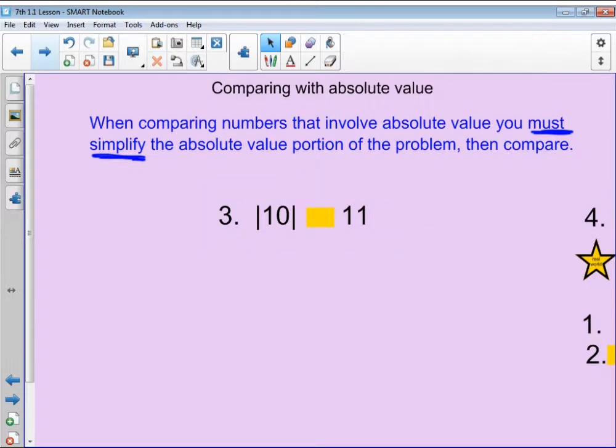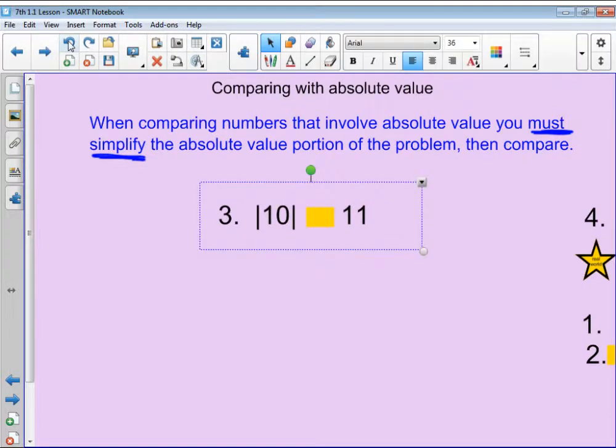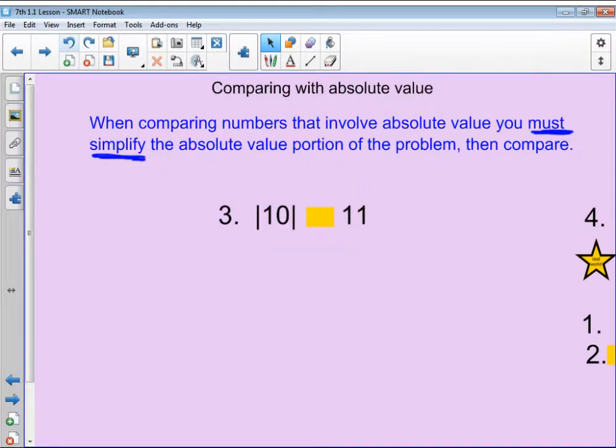Why don't you go ahead and try this one on your own? The absolute value of 10 compared to 11. When you did this one, you had to start here by simplifying.